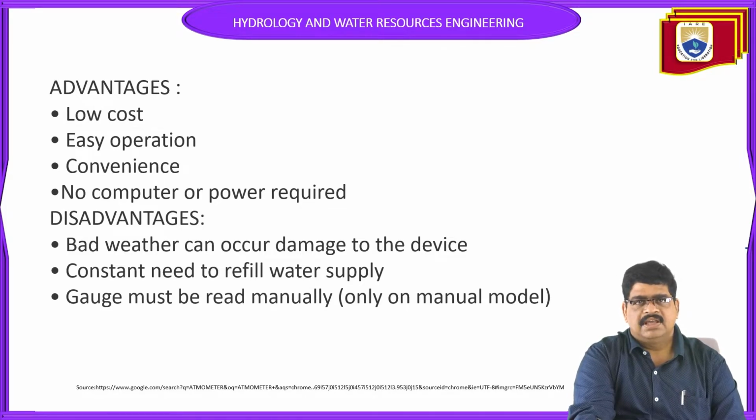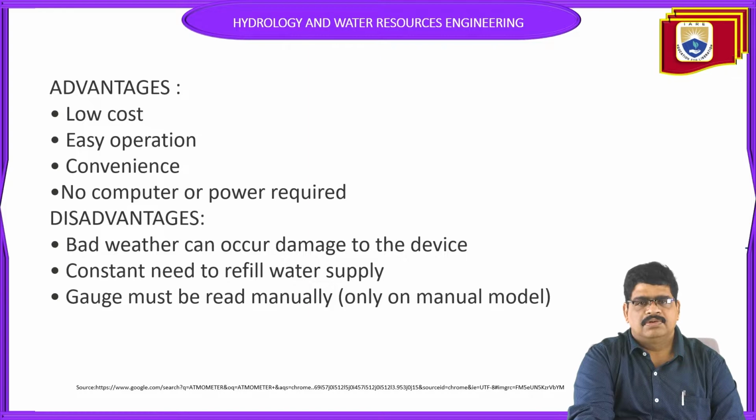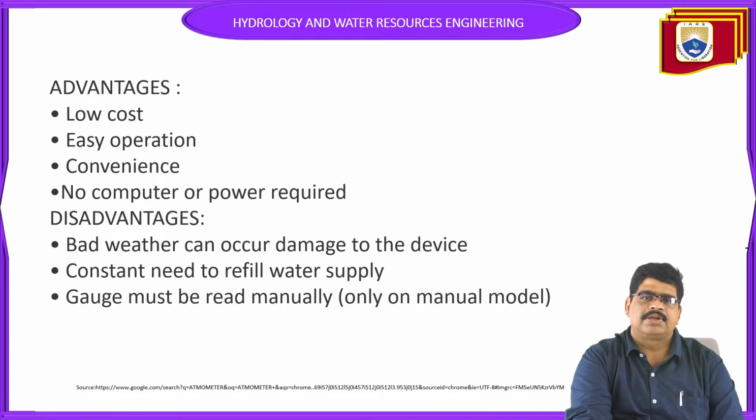Bad weather can damage the devices, since they are small, sensitive instruments. Next, there is a constant need to refill the water supply. Next, the gauge must be read manually, not with any electronic devices; we take the readings manually. That is simply regarding the atmometers.